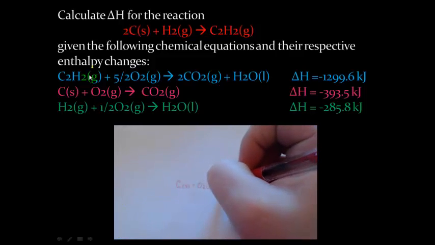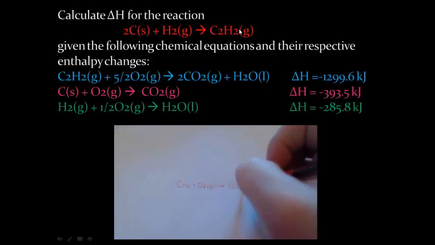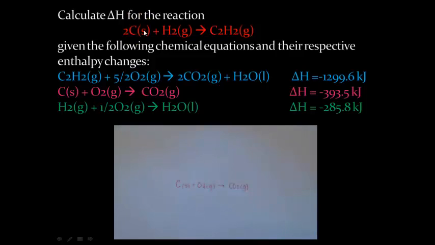So we can see that we want carbon on the left. So the only equation that has carbon is the second one. But we want 2 carbons on the left.